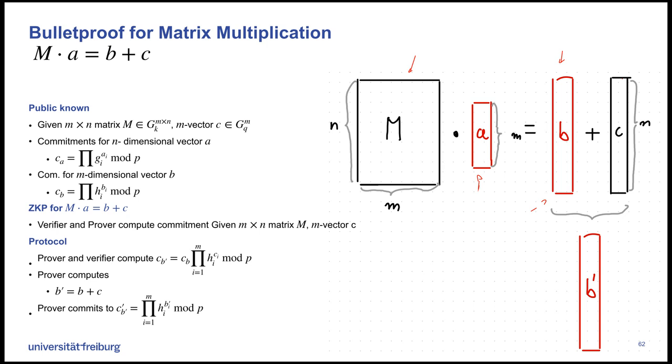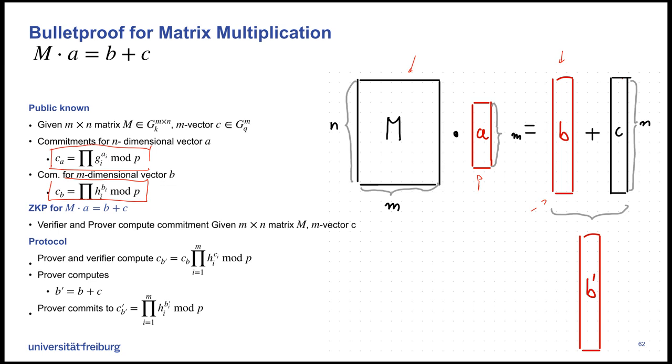So what we do is the following. We have commitments for these n-dimensional vectors A, and this commitment here. And now we are using the components that we have already constructed to prove this step by step by multiple bulletproofs, because now we can use the bulletproofs like building blocks, proving statement for statement.